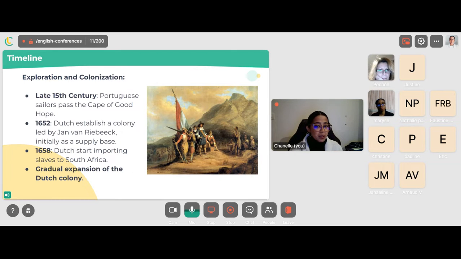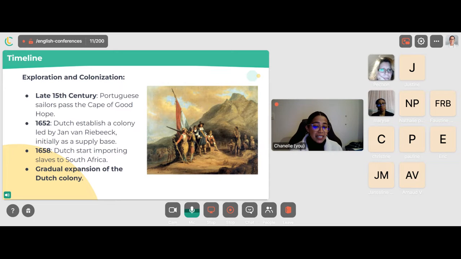When we look at exploration and the colonization of South Africa, we start in the late 15th century when Portuguese sailors passed the Cape of Good Hope. In 1652, the Dutch then established a colony led by Jan van Riebeeck, which was initially known as a supply base.